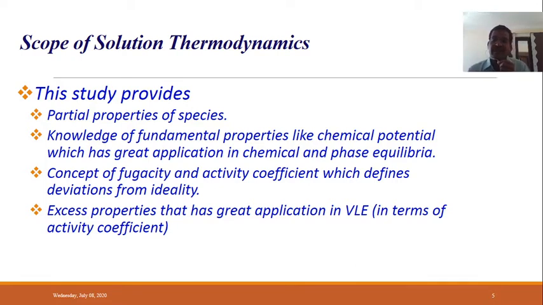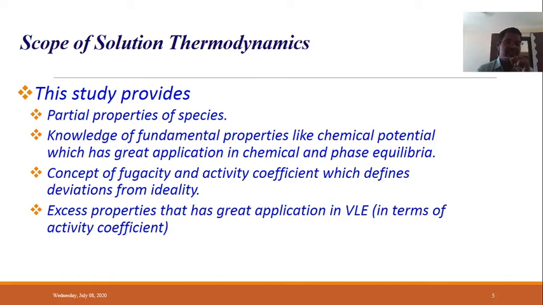Chemical reaction equilibria is very useful in chemical reactions, and phase equilibria is for separation processes. Then the concept of fugacity will be discussed. Then activity coefficient, as discussed earlier, defines the deviation from ideality.